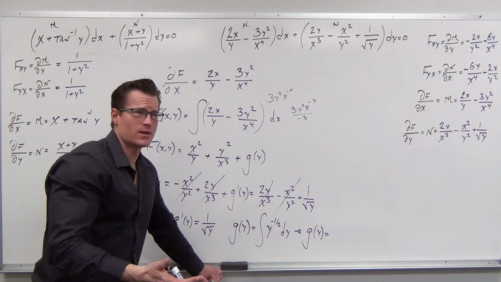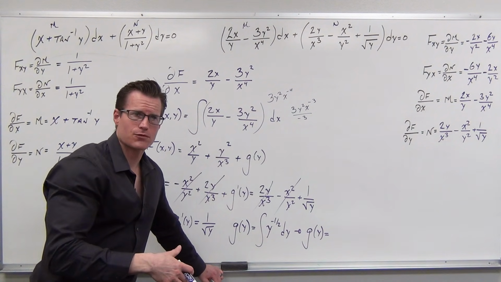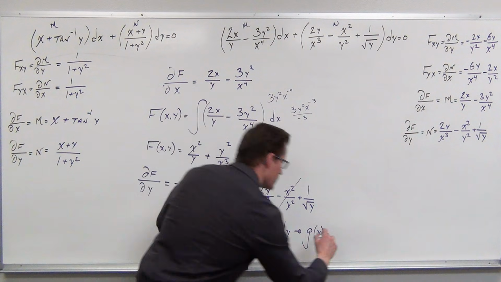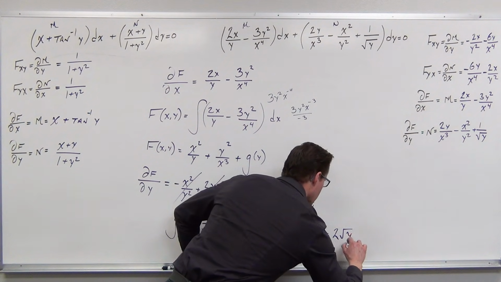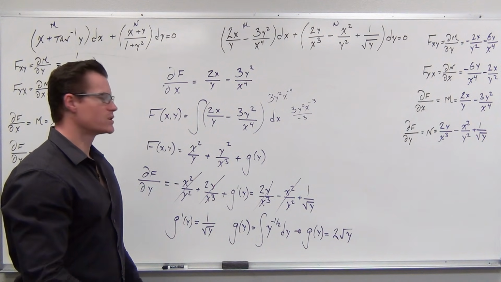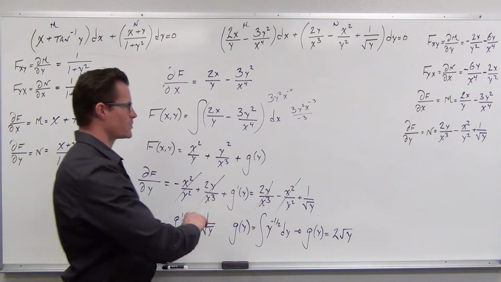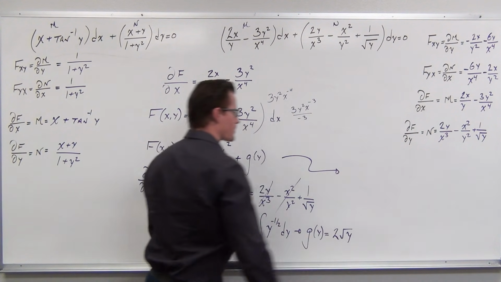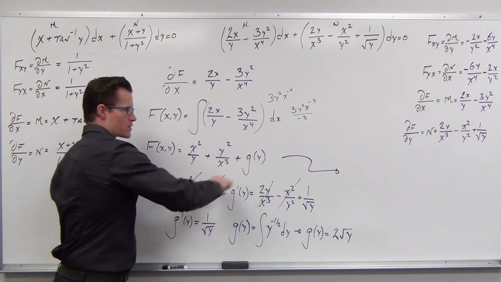Let's see, we add 1, that'd be y to the 1/2 over 1/2. That's 2 square root y. Perfect. We just found the missing function. We just wrap this up. We say, hey, now that we found this, we know that the function I was looking for is this piece.